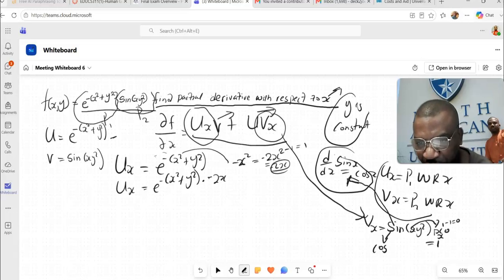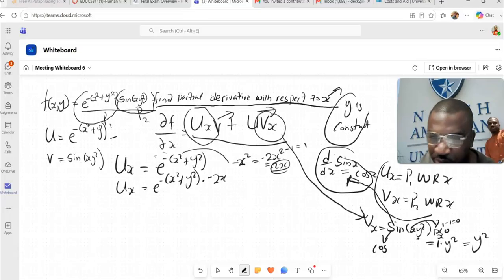So we multiply by y to the power 2, which equals y to the power 2. So we've found the derivative of sine and also the derivative of x.